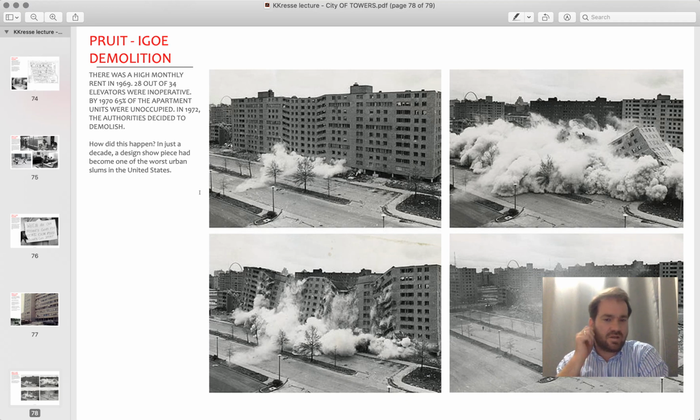So the sad end of that high-rise housing estate was the demolition in the early 70s, and since then, in the US and in most Western countries, well, not only since Pruitt-Igoe, but since failed projects like Pruitt-Igoe, there's always been a bad reputation around these kinds of projects, and this whole typology of high-rise living has a bad smell around it.